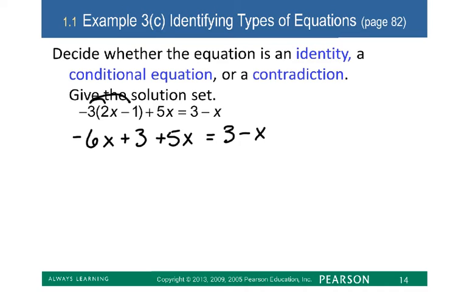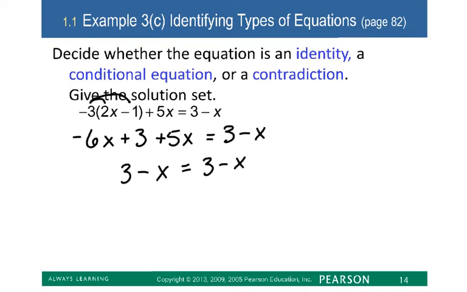And now, combine like terms on this left side of the equation, because I see a couple of terms that can combine. And we end up with 3 minus x, because a negative 6x plus 5x gives me a negative x. And we have the same thing on both sides of the equation.